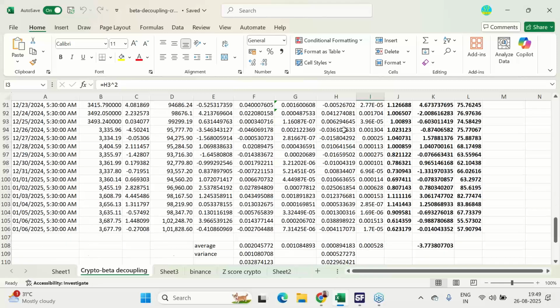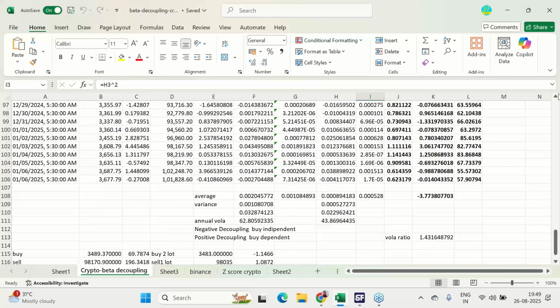We want to identify between Bitcoin and Ethereum who is more volatile, whether Ethereum is more volatile or the Bitcoin is more volatile. So these two factors we are taking.